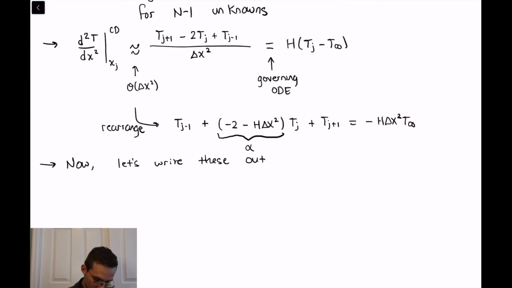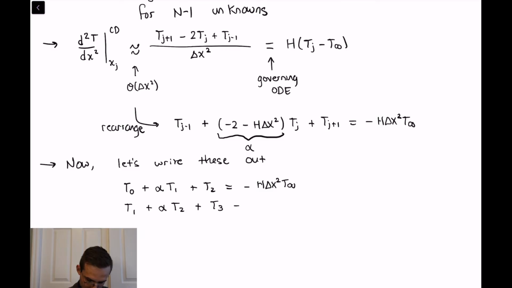So the first interior point would yield the equation T0 plus alpha T1 plus T2 is equal to minus h delta x squared T infinity. The second equation would be T1 plus alpha T2 plus T3 is equal to minus h delta x squared T infinity.